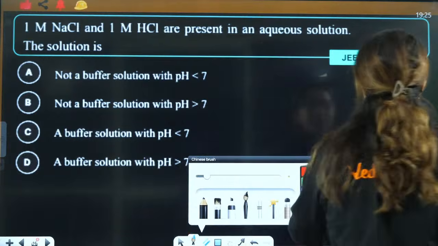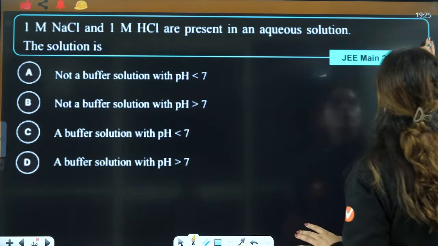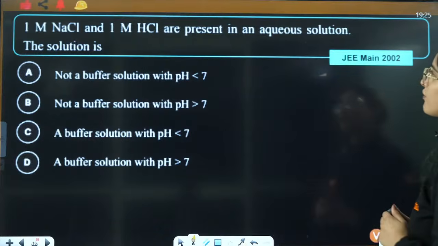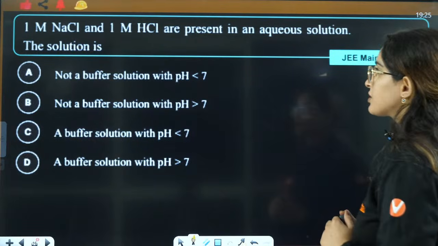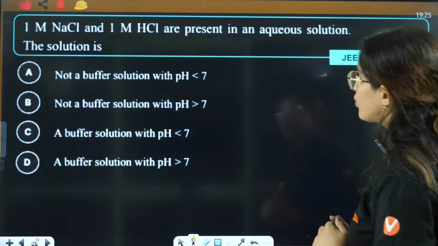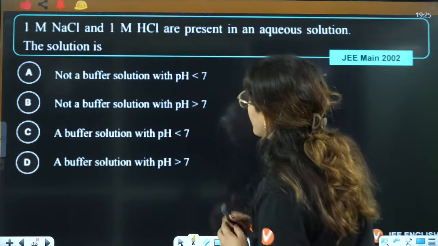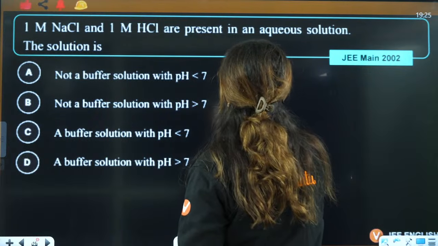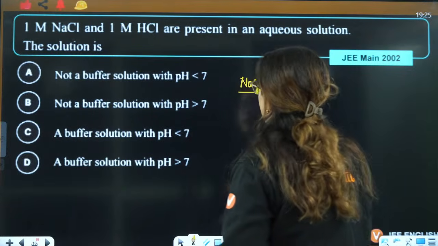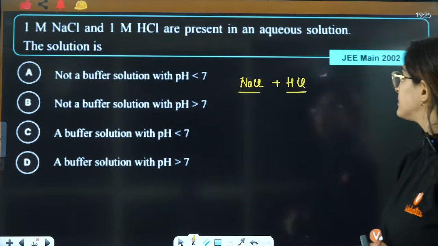Now see this question here, a JEE 2002 question that says 1 mole of NaCl and 1 mole of HCl are present in aqueous solution. The solution is what? 1 mole of NaCl and 1 mole of HCl. NaCl is present and HCl is present. NaCl is a salt, right?